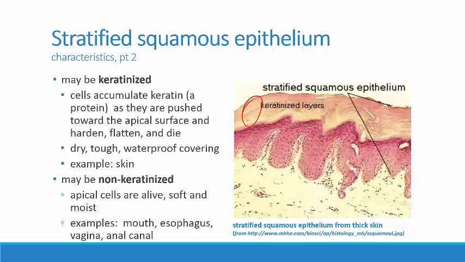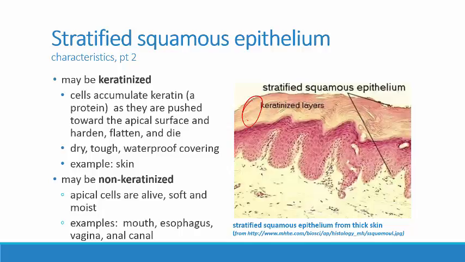Whereas the other places where we need all that mechanical protection, but we need the cells to also be moist and flexible and alive, in those stratified squamous epithelia, the cells may be non-keratinized. The cells remain alive and are soft and moist, but they can still peel away at the apical surface.